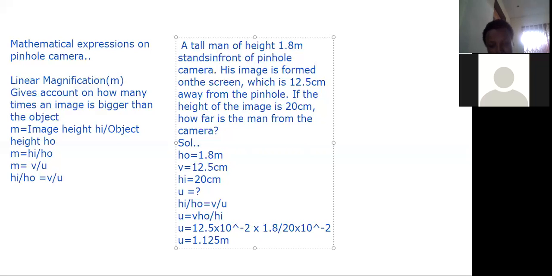I got 1 point. It's okay, I've written it there. 1.1. It's okay, I've written it. I've written it, don't worry.